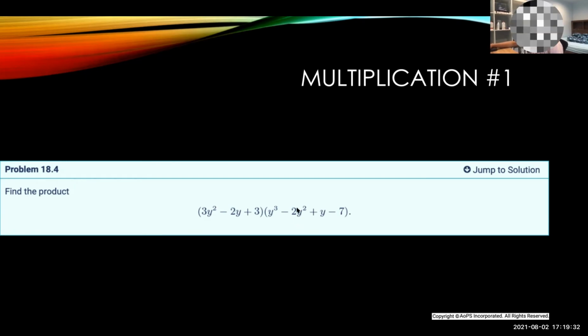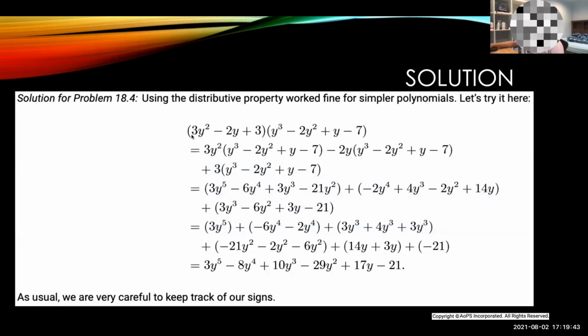Okay, so we got two answers from Kristen and Cheese. Kristen got everything right except for the last term. So here's how you would distribute it. The first way was the way I told you guys, like FOIL, the distributive property.